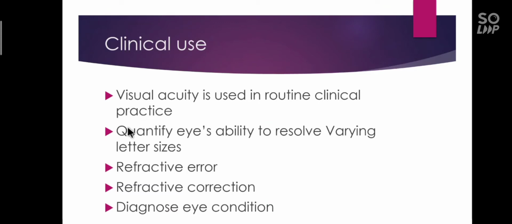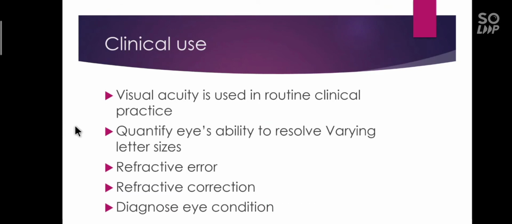For example, when a patient enters a general clinic with fever, what will the doctor do to check how much fever he has? He will check the patient's temperature. Likewise, when a patient comes to an optometry clinic saying that he is unable to see, how will you know how much is his vision? By testing his visual acuity.